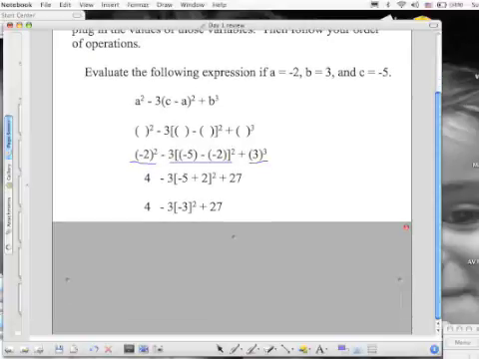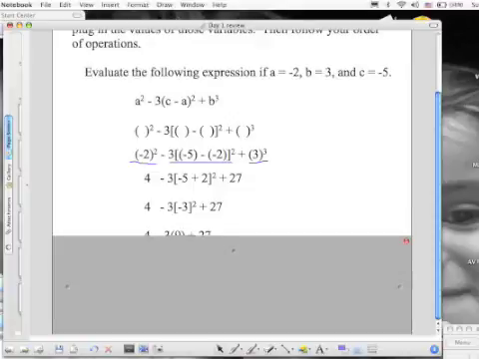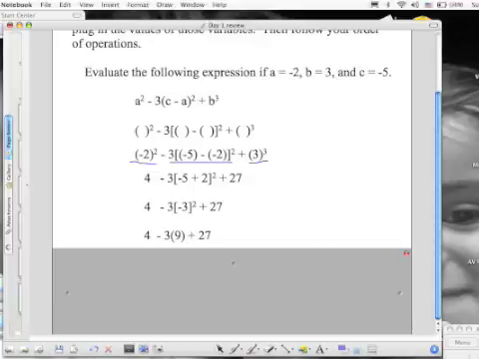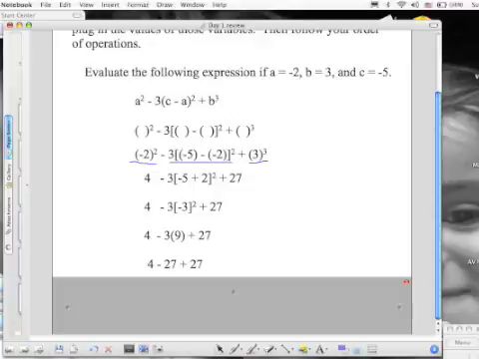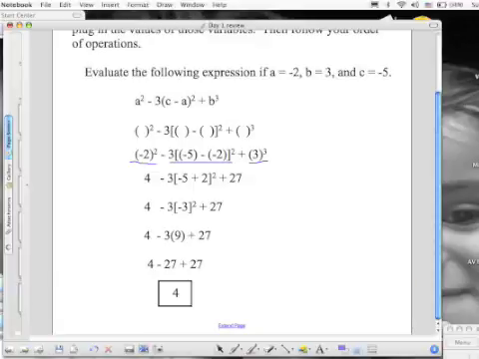Finally, after parentheses, we have exponents. We must square negative 3, and it gives us 9. After exponents, we have multiplication. In the center, you need to multiply the 3 and the 9 together. Do not lose track of your negatives. 4 minus 27 is the same thing as 4 plus negative 27, and then plus a positive 27 simply eliminates each other, and so your answer is 4.